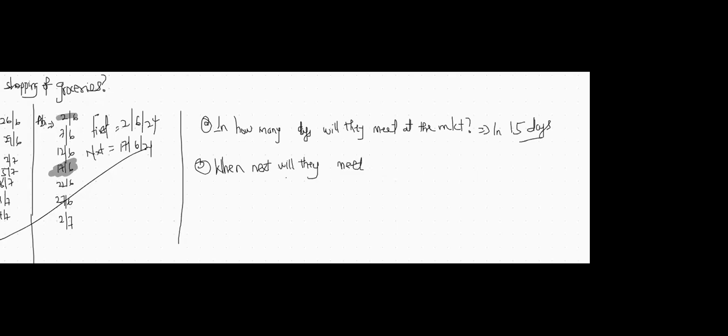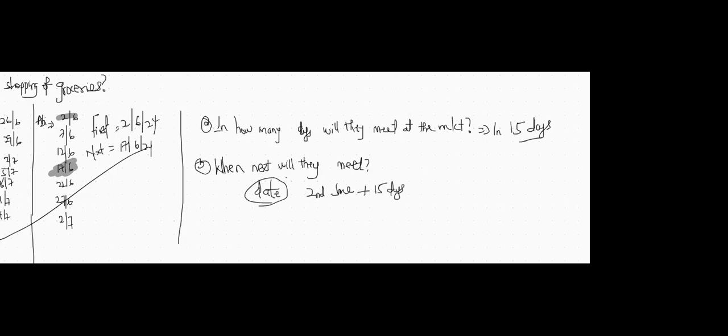Do you get it? Yes. The question can say, when next would they meet? The examiner is looking for the date. So you say 2nd June plus the 15 days, then you do the mathematics. Is that okay? Yes, please.